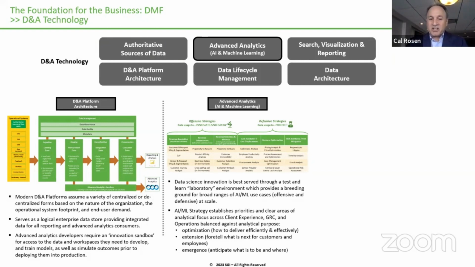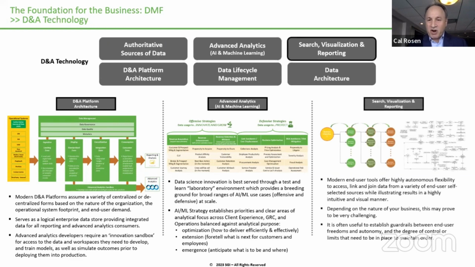That's, do we need to deliver efficiently and effectively against that dimension? Extending, do we need to foretell what's next for customers and employees? And then finally, emerging. We're going to anticipate what is to be and where it is to be. So it's really applying those 3 bullet points against client experience, GRC, and operations at large to determine what your pattern looks like for offensive and defensive strategies.